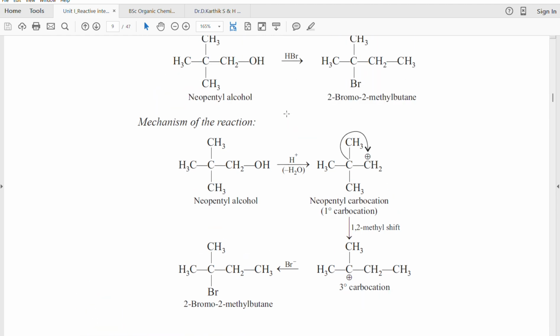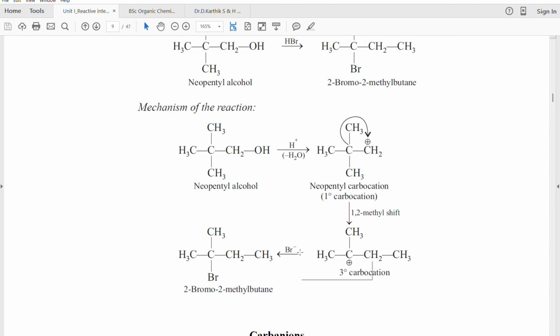Since we added HBr, it is present as H plus and Br minus. The H plus was used for the production of the carbocation, and the remaining Br minus is in the reaction mixture. That Br minus attacks this carbocation to make a bond between carbon and bromine. So finally you get 2-bromo 2-methyl butane as the product, that is, a primary substituted starting material giving a tertiary substituted bromo compound as the final product.